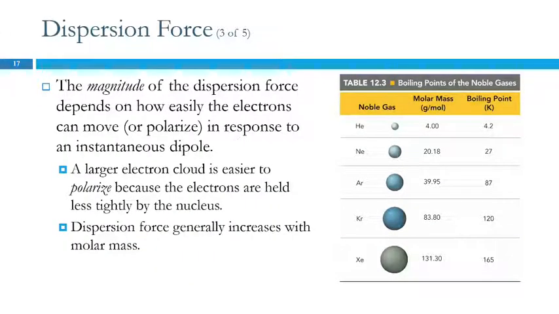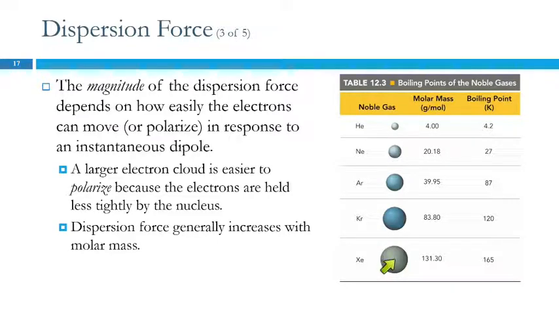So how large is a dispersion force? Well, that varies. One of the things that affects the magnitude is how easily are those electrons polarizable? How easily do they move one side to the other? How easy is it to get them lopsided? In a larger atom, in a larger electron cloud, it's easier for that to get lopsided because the electrons are farther from the nucleus and they're held less tightly. So if we look here at these different noble gases, here's xenon.